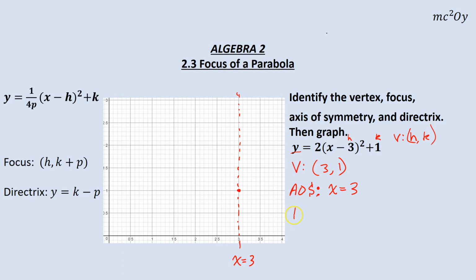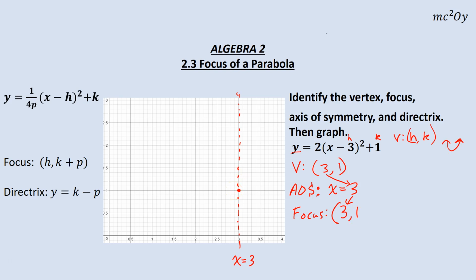Now my focus is going to be 3. Notice these two values are always the same. And then I am at 1, but I'm going to have to move upward because this graph opens up with positive a. So y equals positive a, so it opens up. So my focus is going to be above my vertex.